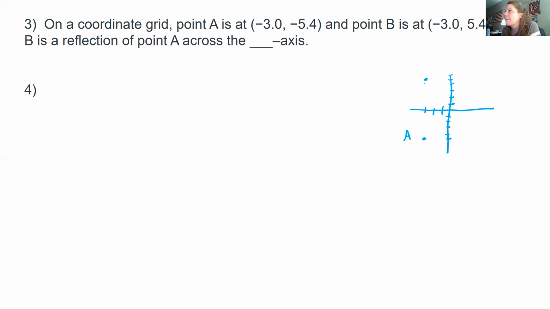It says point B is a reflection of point A across which axis? Did we go across the y-axis or did we go up toward the x-axis and keep going? So that's going to be the x-axis because the x coordinate stayed the same, right?